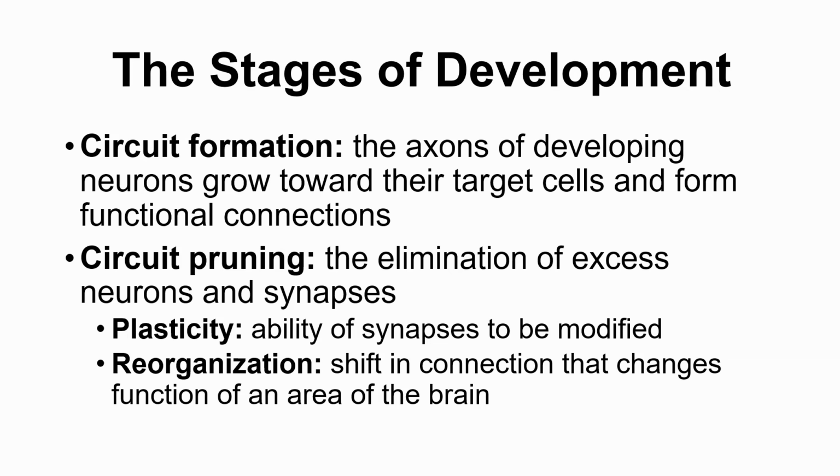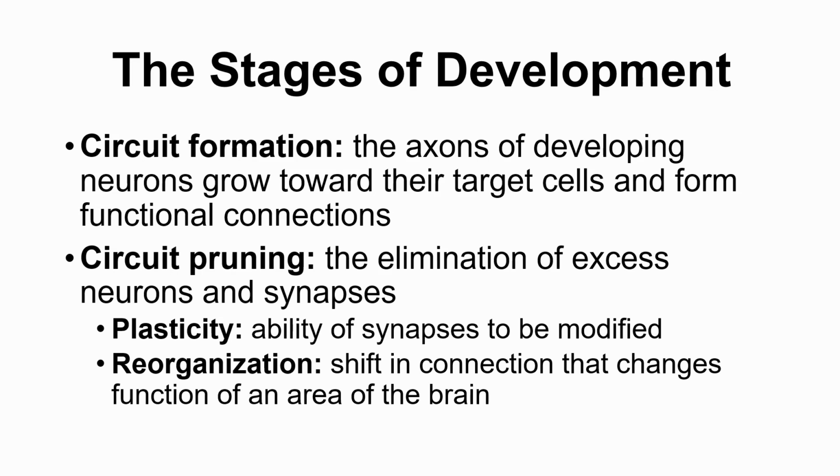And we might also even see something like reorganization, where we have an overall shift in connections within our brain. So we might reorganize after an injury. Or we can see things like those who are born blind. They've never had to use the visual center of their brain because they don't see.